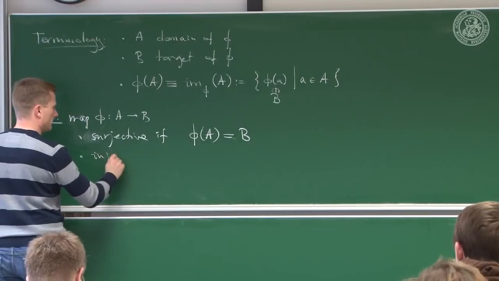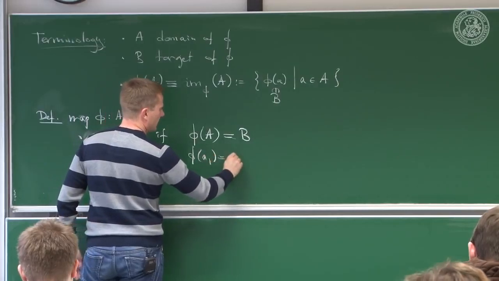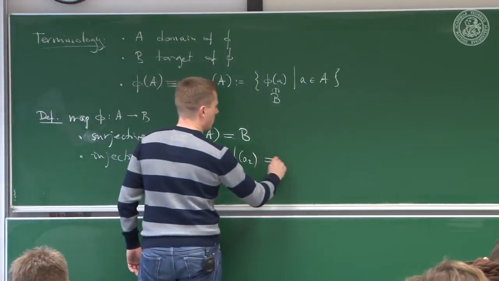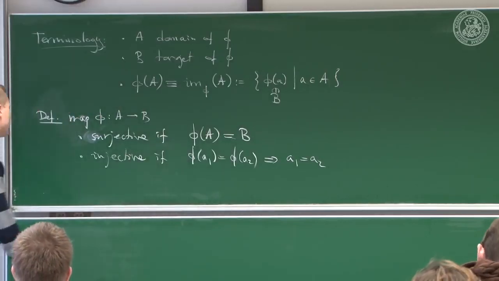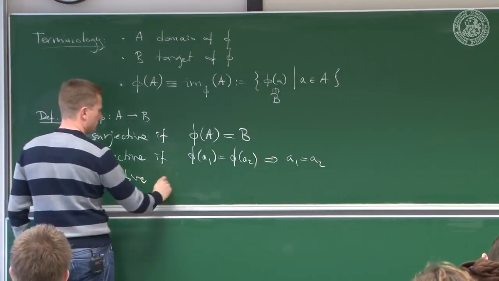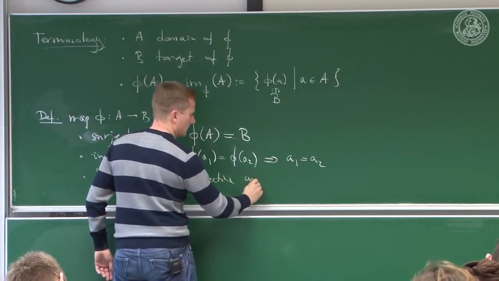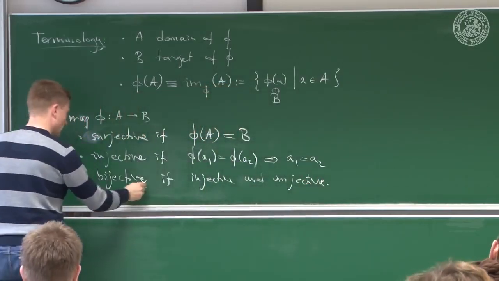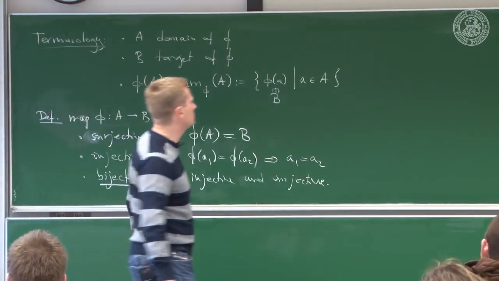It's injective if the equality of two values of the map, if phi of a1 equals phi of a2, already implies that a1 equals a2. And the map is bijective, and that's the key notion. It's bijective if it's injective and surjective. And bijective is by far the most important notion.